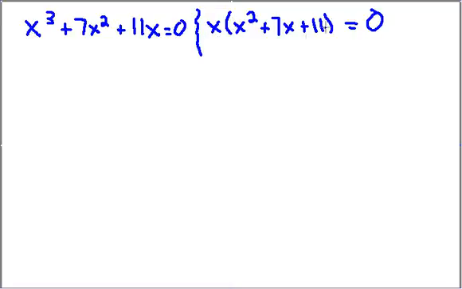So it doesn't matter what value is on the inside of this parentheses here. If x is 0, it's going to multiply by 0 and make 0. So we do in fact know that one of the solutions to this problem is x equal to 0. But what I'd like to do is go ahead and move forward and try to solve the remaining portion here, the x squared plus 7x plus 11, using our quadratic formula.